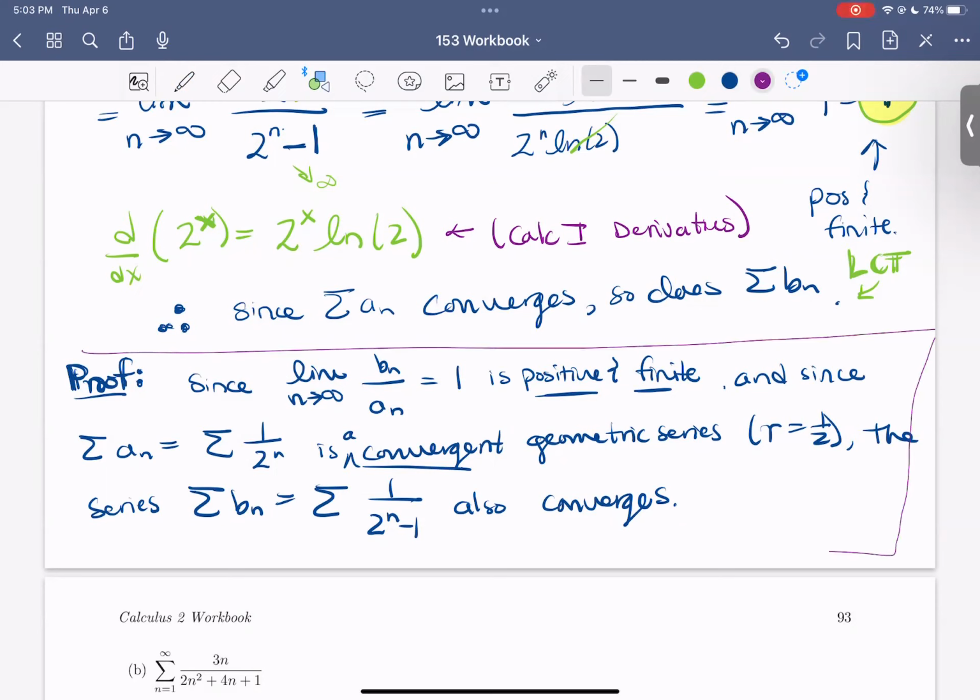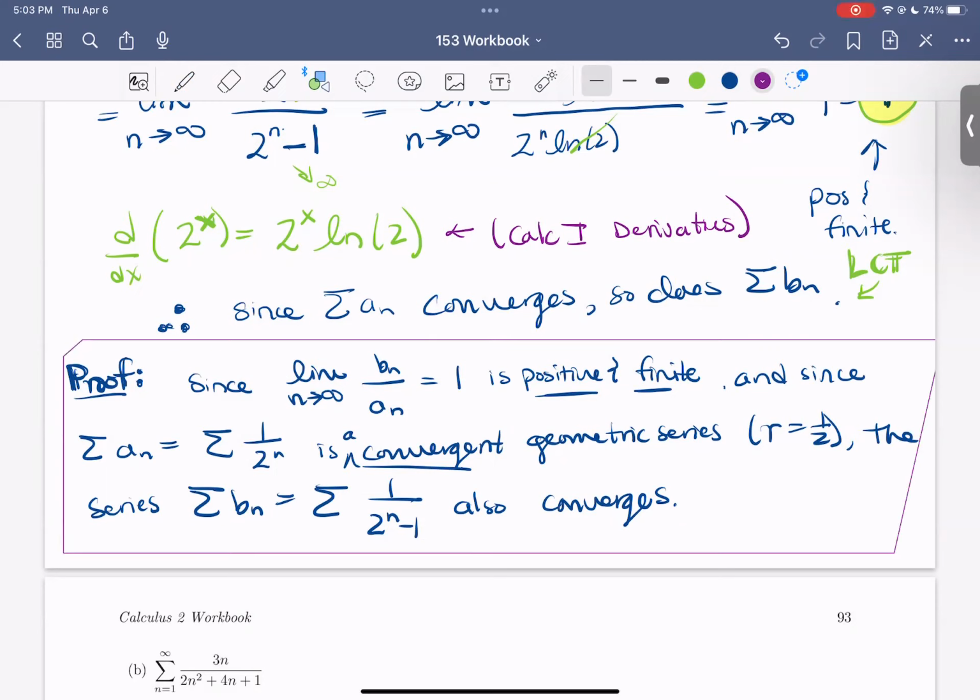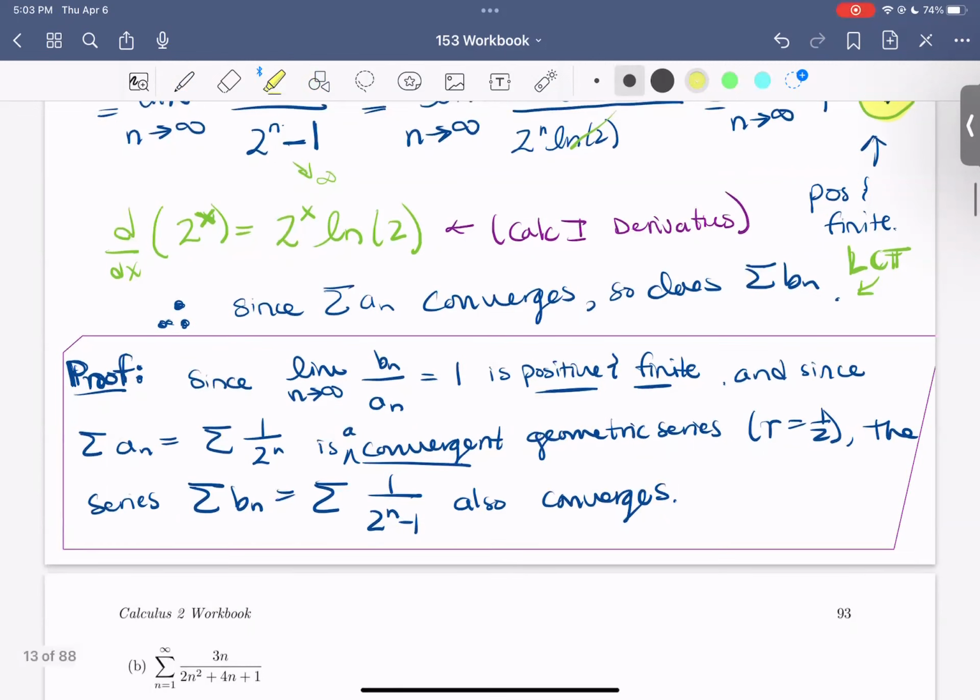And now we can just check that we have included everything. So have we written complete sentences? Yep, check. Have we used proper notation? We can check through. Yes, we're being really clear about what our two series are, that we're taking that limit. So we're setting up that theorem correctly. And are we using the theorems appropriately? Maybe not.